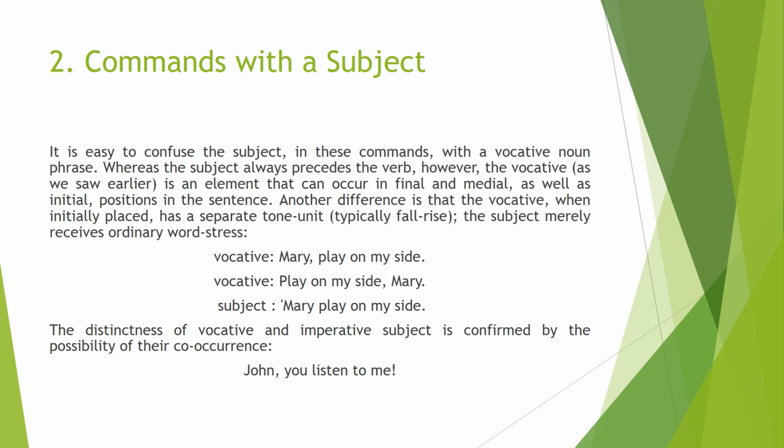So John here is the vocative because it gets a tone, and in writing we separate it from the sentence by a comma. And then we said, you listen to me. Here this sentence actually comes in the form of a command. We want to say to John, listen, but here with listen we are saying its subject. We are referring to John by the subject you. Okay, so here, as you see in this sentence, we are having both of them, the vocative and the subject of the command.